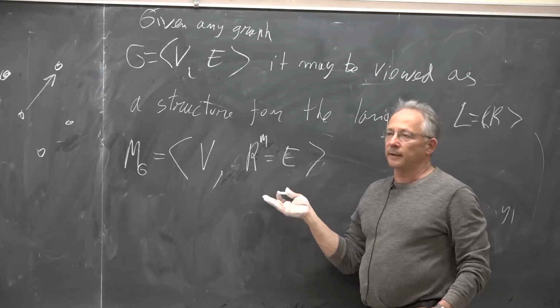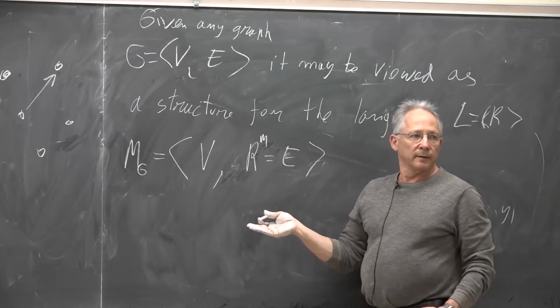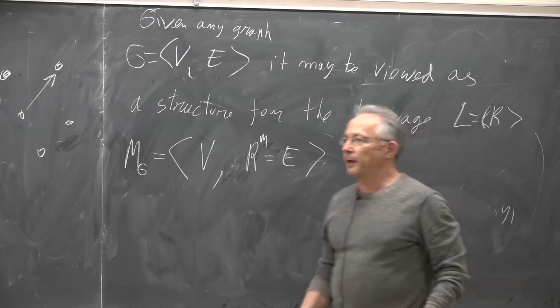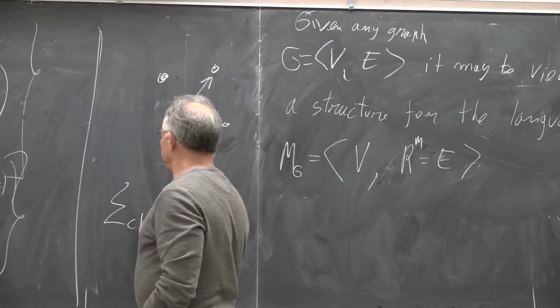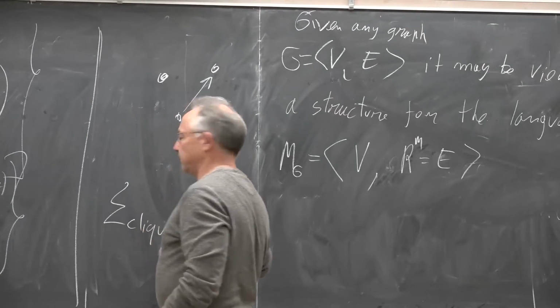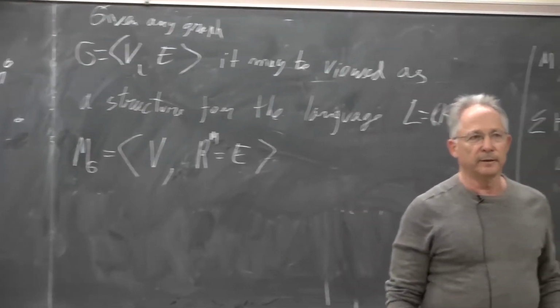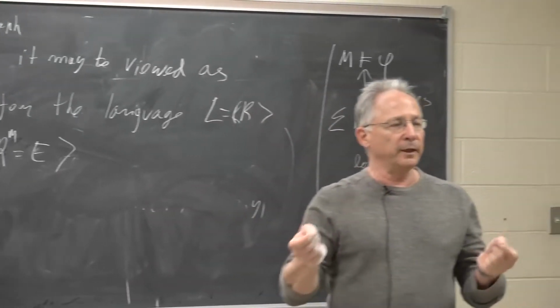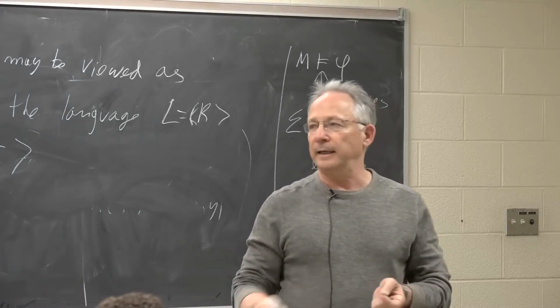So now suddenly I can, in this language, express properties of graphs. For example, how do I say the set sigma that tells me the graph is a clique? You remember what a clique is? It is a graph in which every two vertices are connected by an edge.